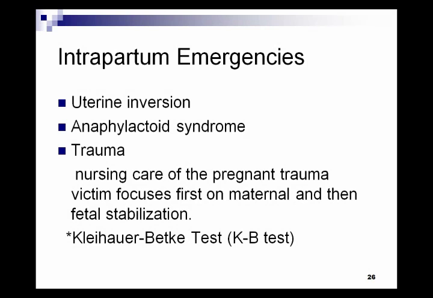Now, an anaphylactoid syndrome of pregnancy, also known as amniotic fluid embolism, is when amniotic fluid is drawn into maternal circulation and is carried to the woman's lungs. Fetal particulate matter, such as skin cells and vernix and hair, in the fluid obstructs pulmonary vessels.